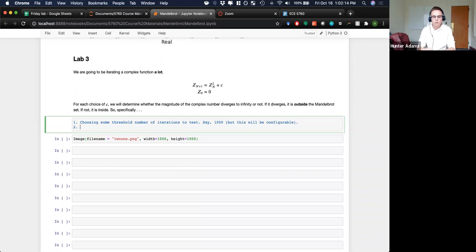We will map a particular pixel to a C value. We'll talk about this in a moment. So we'll loop through each pixel, 640 by 480 space, and map that to a particular choice of C, a particular complex number C in a different range.